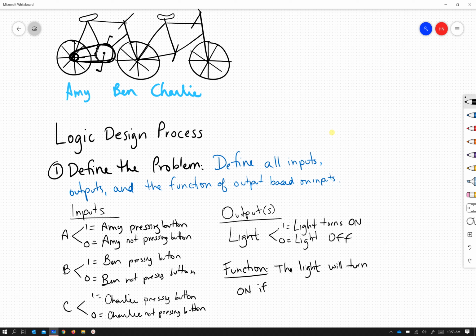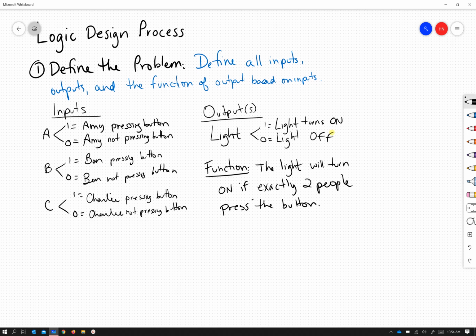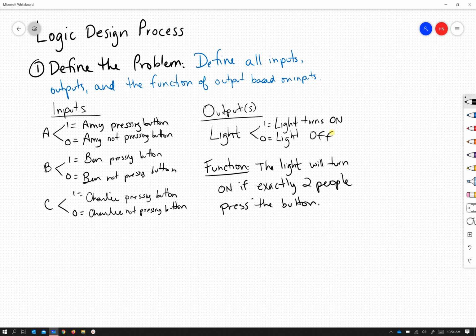So our function, for this specific problem that I chose: the light will turn on if exactly 2 people press the button. All right, so there you go. We have completely defined all inputs, the outputs, what they mean, and how the output functions based on the inputs.